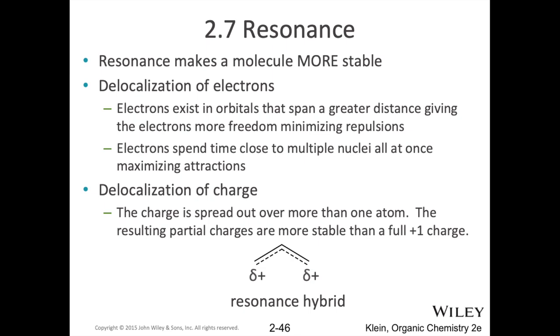So that's a general rule of thumb you want to keep in mind when you're thinking about the stability of molecules in general. Typically a molecule that can undergo resonance would be more stable than one where those electrons are stuck somewhere where they might destabilize the molecule, such as in a non-bonding orbital or an anti-bonding orbital.